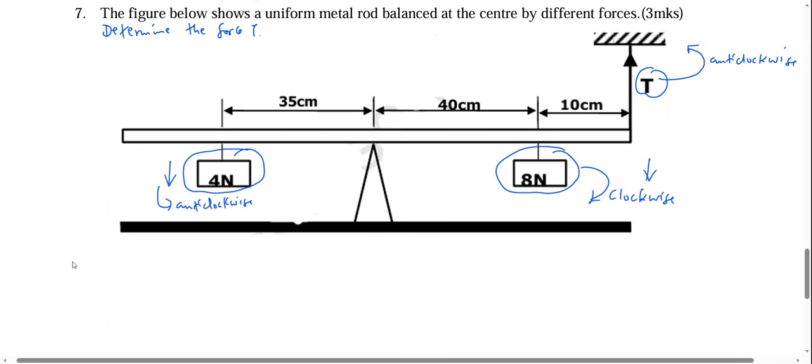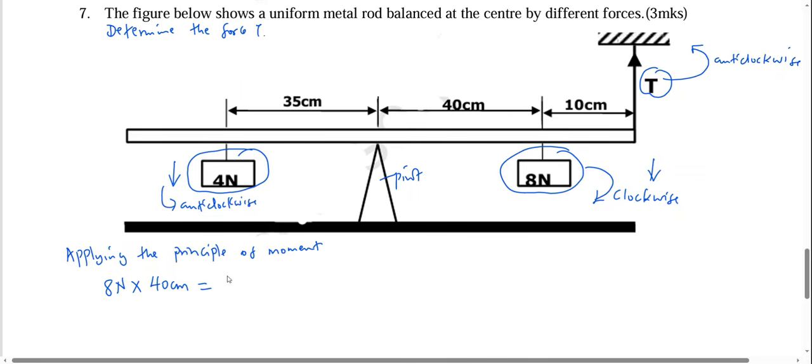Therefore, applying the principle of moments, we have clockwise moment is equal to anti-clockwise moments, and for the clockwise moment we have 8 Newton multiplied by its distance right from the pivot, which is 40 centimeters, is equal to the anti-clockwise moment.